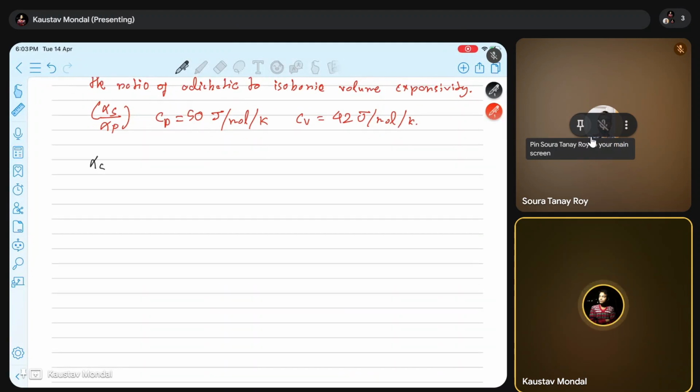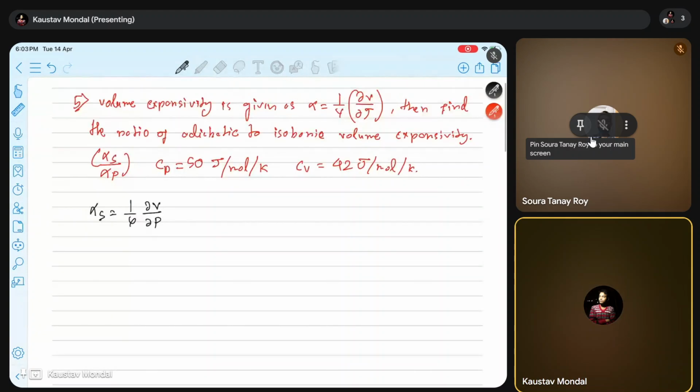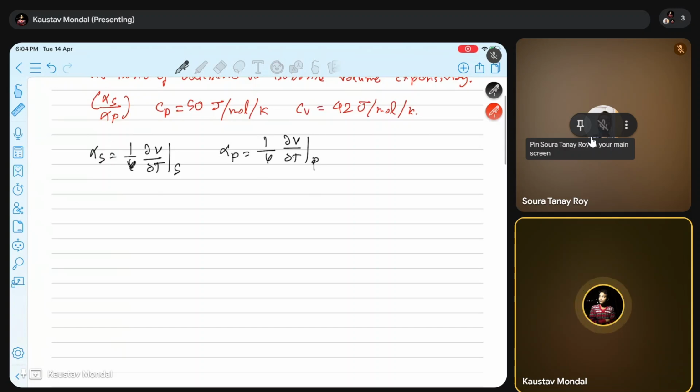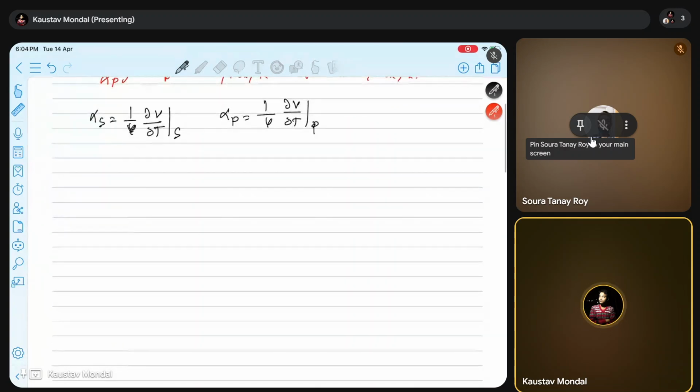So alpha is basically 1 by V del V by del T, at constant S for alpha s, and alpha p is 1 by V del V by del T at constant P. Now, in order to do that, first V is a function of two independent thermodynamic quantities, temperature and pressure, right?